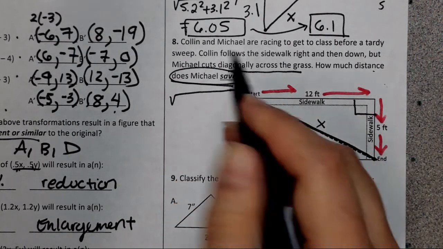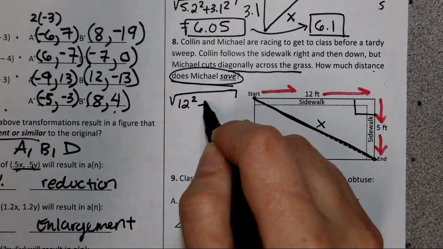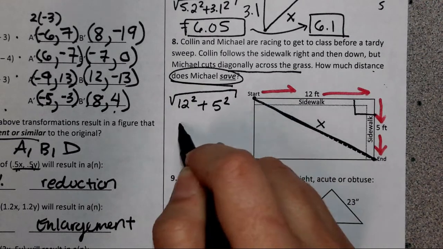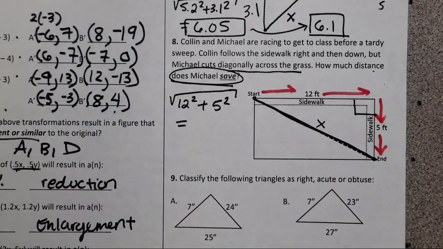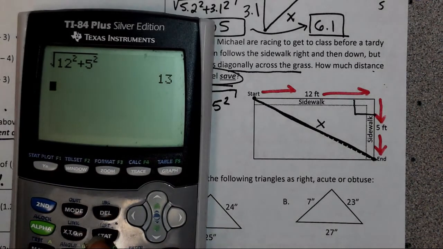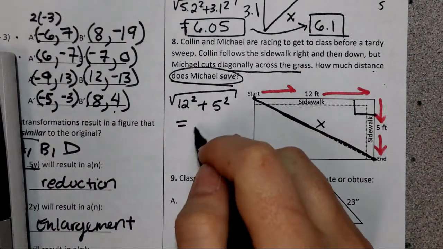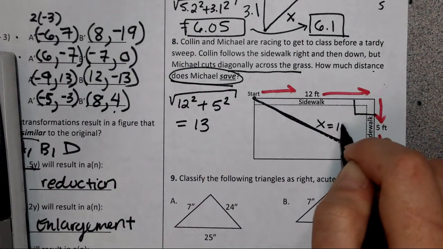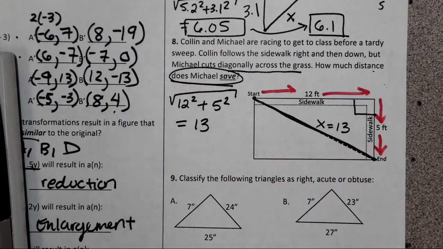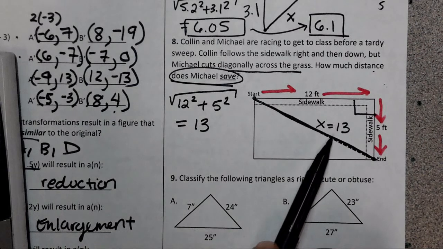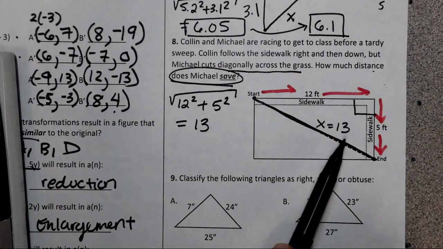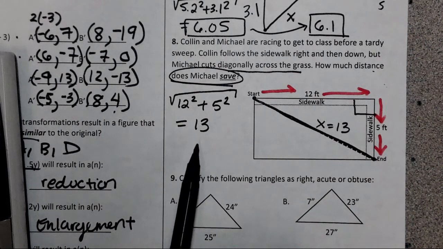So the first part, we use Pythagorean theorem. The square root of 12 squared plus 5 squared gives us that our hypotenuse is 13. Okay? But a lot of students stop here, and I would bet that 13 is one of the answer choices on the test.